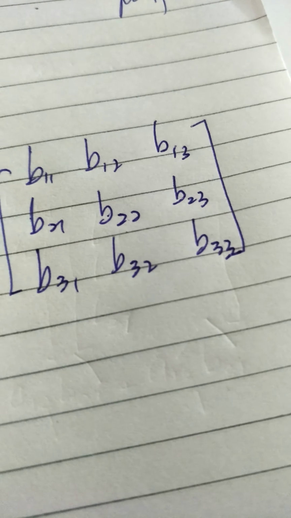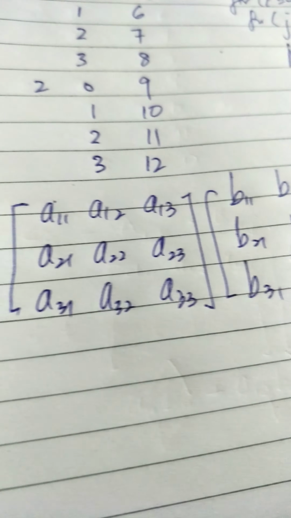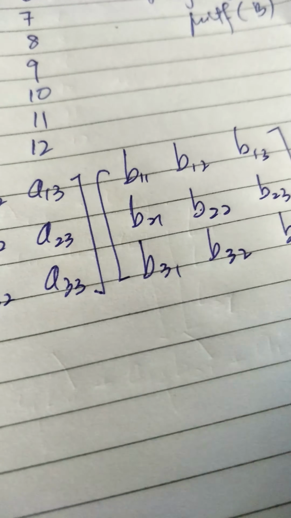Okay, if you do the multiplication of those matrices, we obtain a matrix, say matrix C.